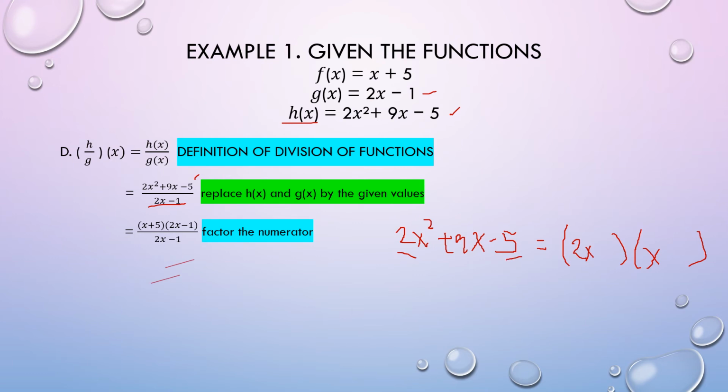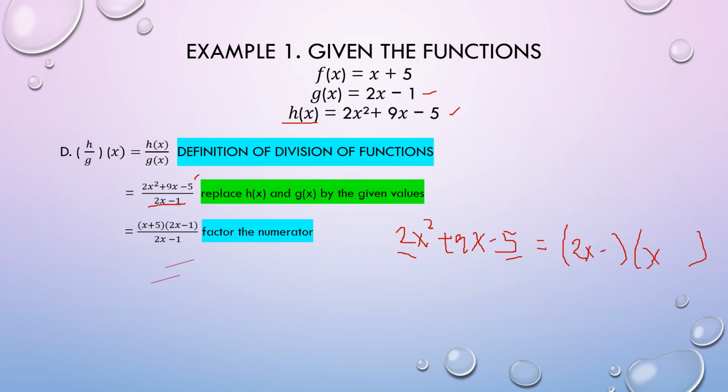And then we factor negative 5. What are the factors of negative 5? Factors of negative 5 are negative 5 and 1. Okay, it's up to you where to put negative 5, but we are going to check on the middle term.